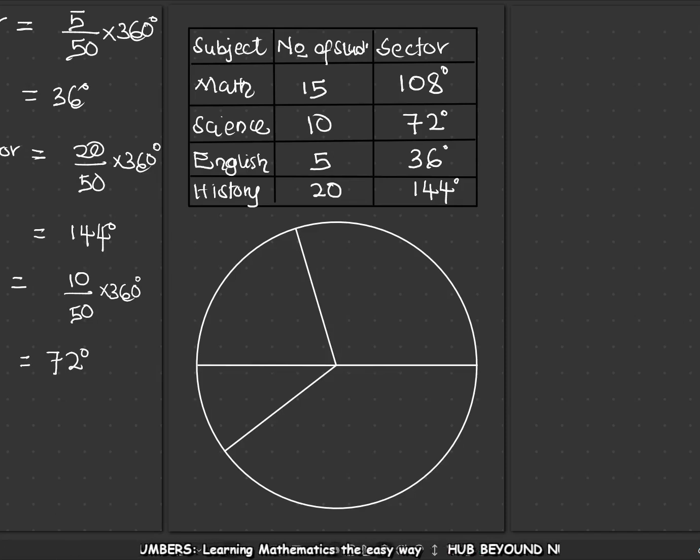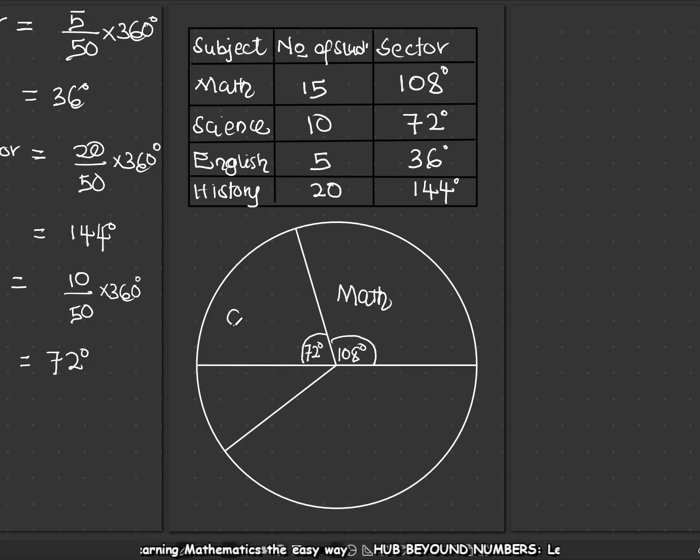So let's do our labeling now. We have our marks over here. So I'm just going to put the 108 degrees here. That is for the maths. And then that of the science was 10 degrees. So 10 degrees also here. No, that is 72, sorry. So 72 degrees also over here.